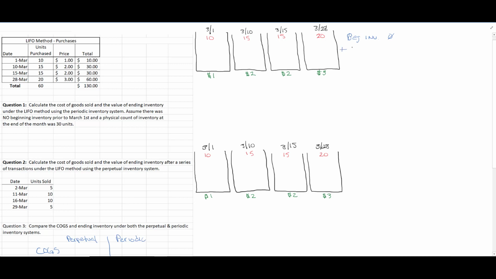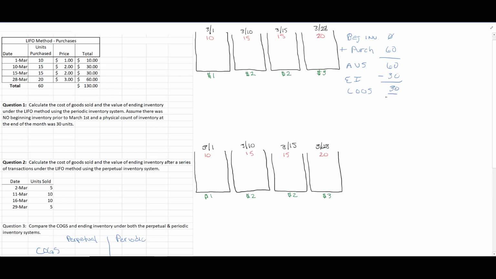We add in our purchases, which in this case was 60, which you can see from over here. That gives us 60 units available for sale, which I'll abbreviate as AVS. We then subtract out our ending inventory, which in this instance was 30, which we got from right over here. So this is my ending inventory.